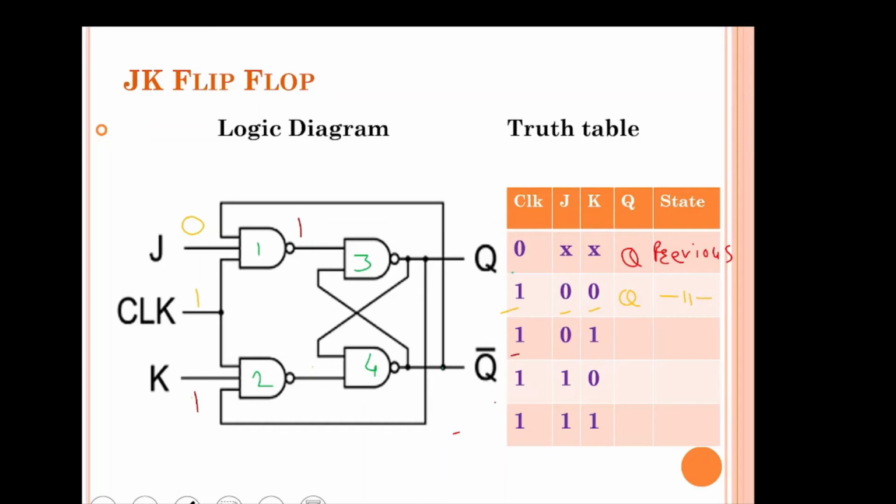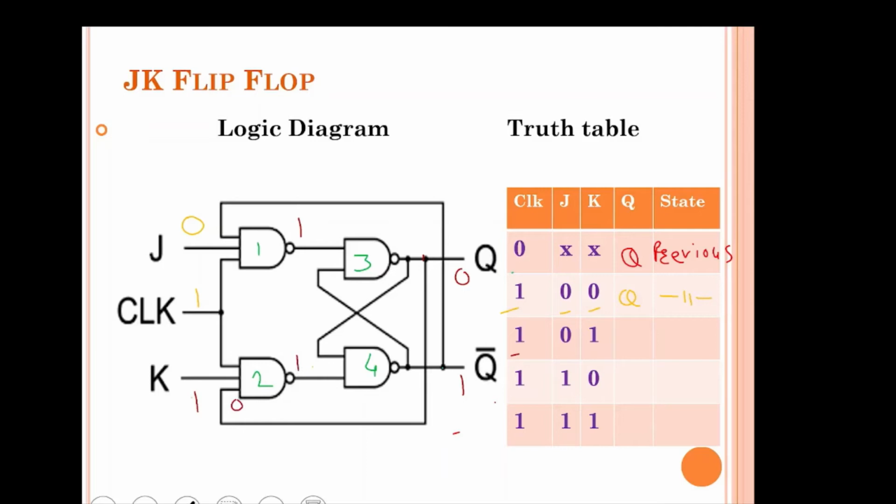So suppose the previous state Q is 0 and Q bar is 1. Then this 0 goes here because this is given to the second NAND gate. 0 goes here. And the output of this second NAND gate will be 1.